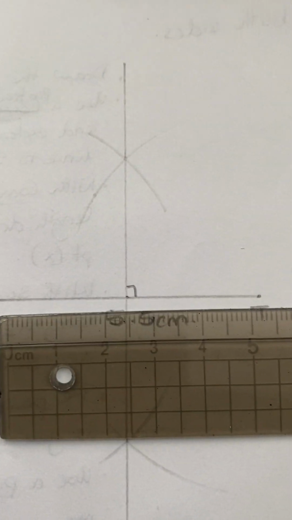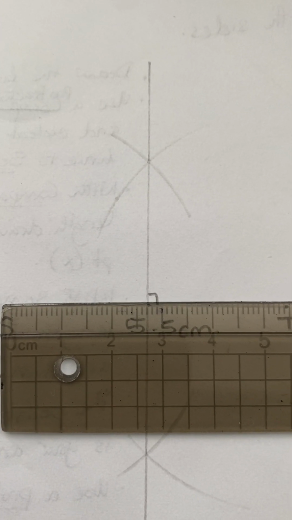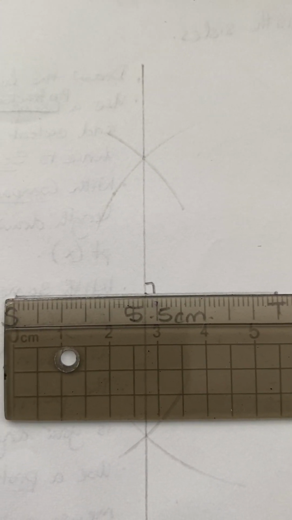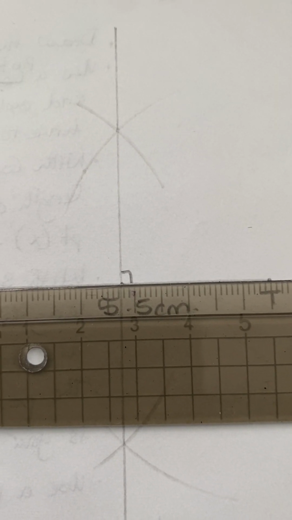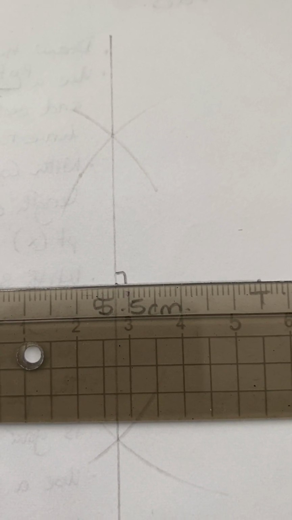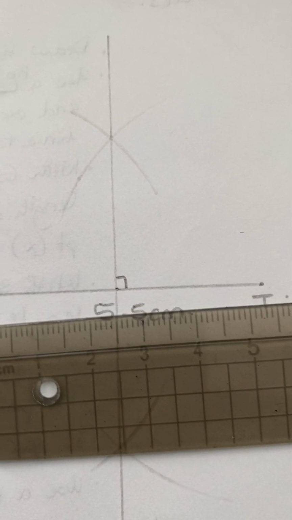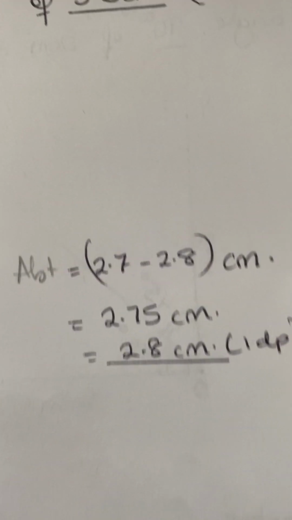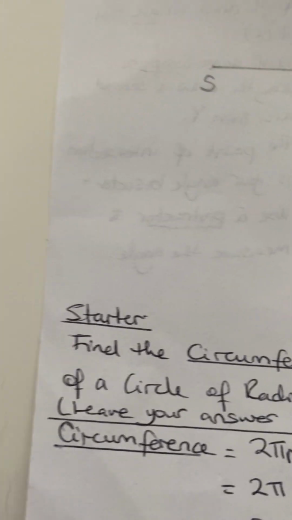If they don't say anything, you should get 2.75, as you can see here. 2.75 is between 2.7 and 2.8, so 2.75 to 1 decimal place is 2.8. So that's what we did yesterday.